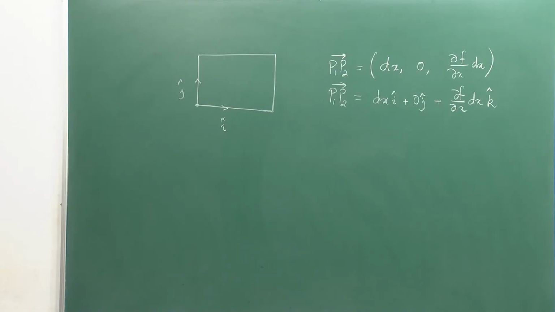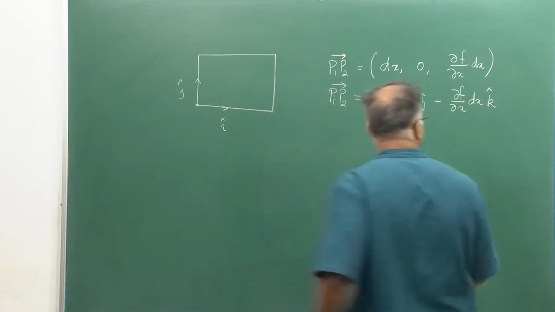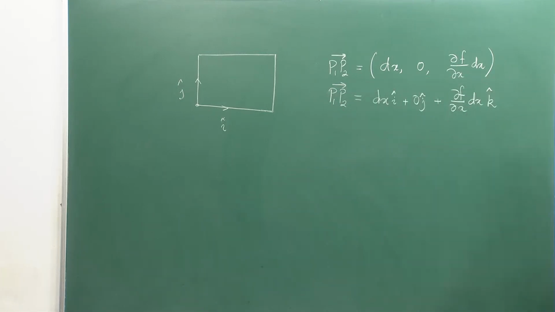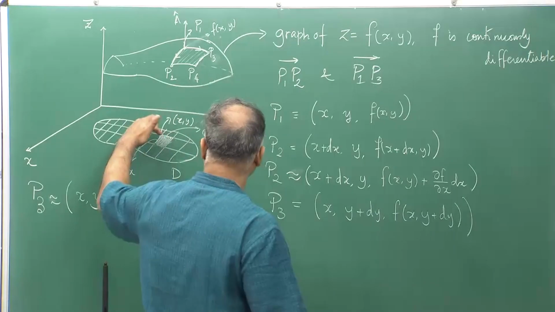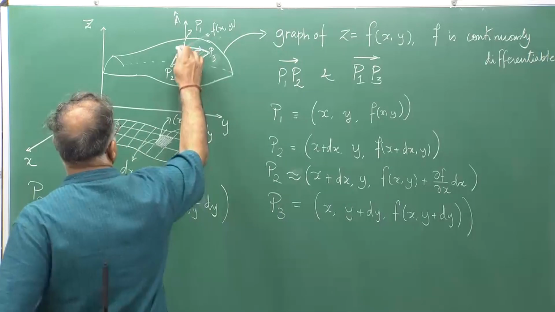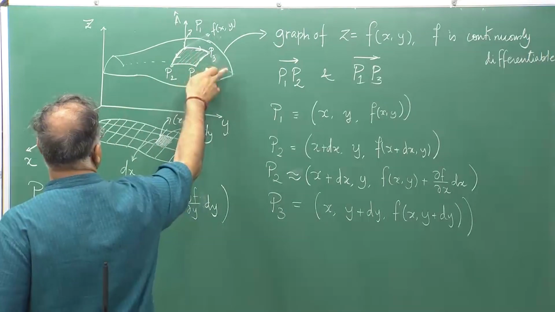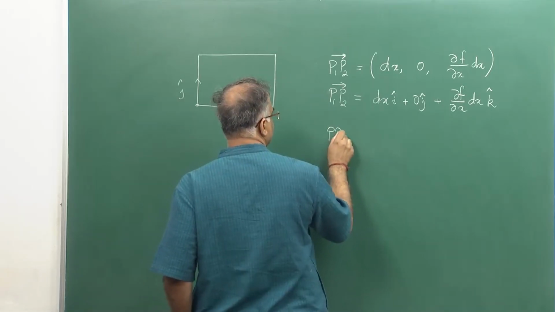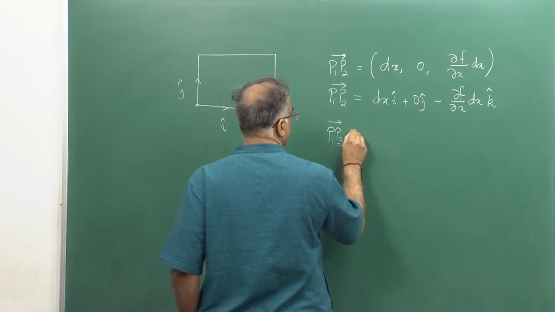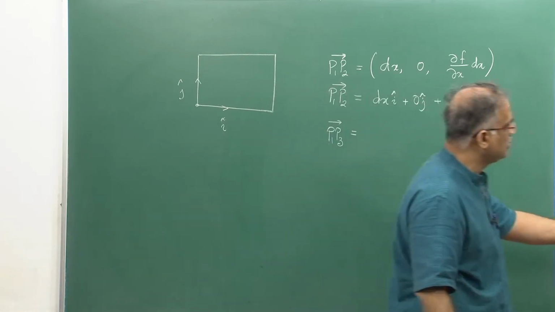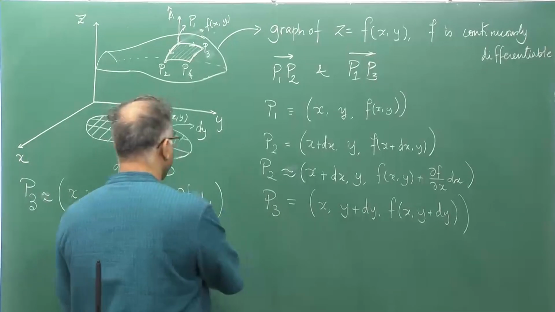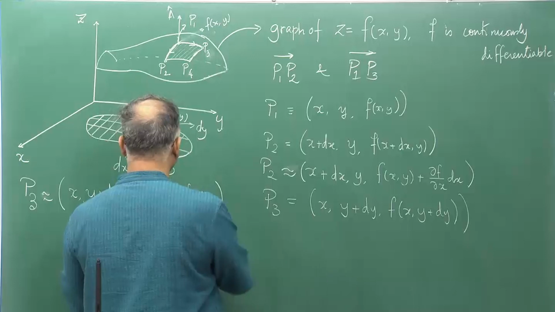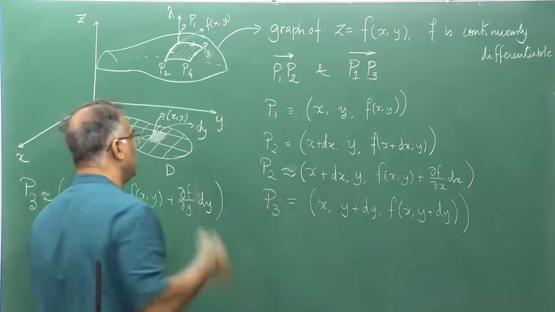Similarly, I would look at the P1, P3 vector. If I look at P1, P3, you can do the same subtraction. I am going to take this approximation from here and subtract this one.